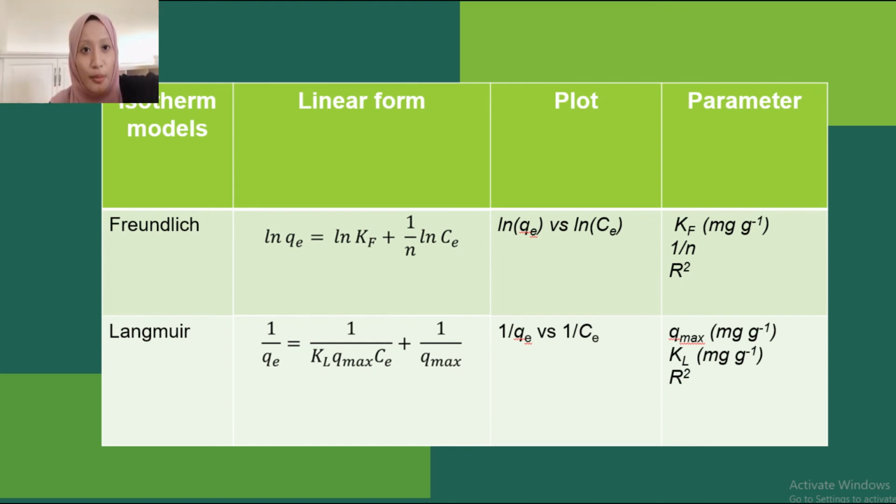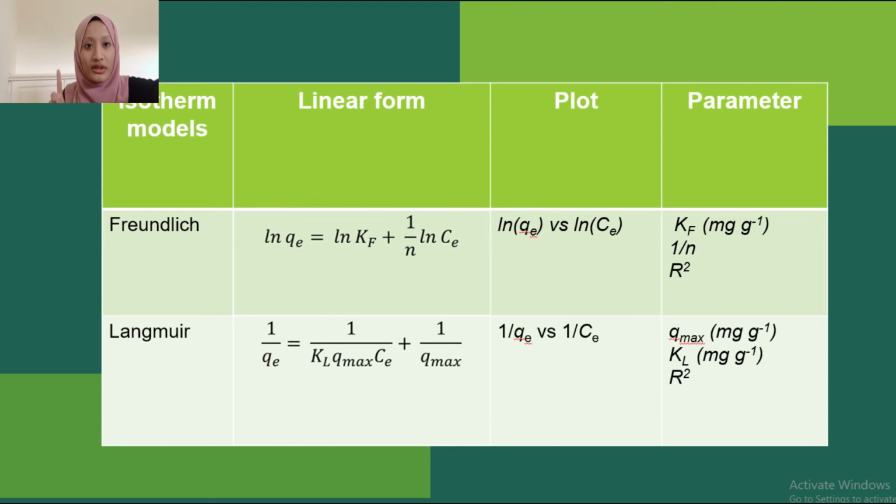For the Langmuir equation, it can be represented as 1 over Qe equals 1 over KL Qmax Ce plus 1 over Qmax. Qe is the equilibrium amount of phosphate adsorbed, Qmax is the adsorption capacity, and KL is the adsorption energy constant.